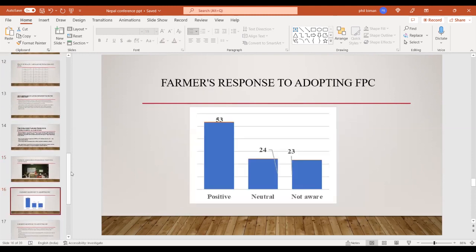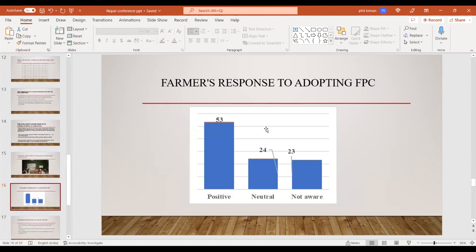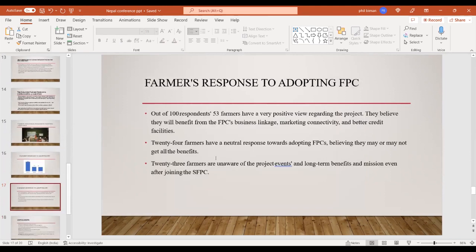And then we also did some survey regarding why these farmers are happy, or how they respond to all those farmer cooperatives. We took 100 respondents from the mentioned nine villages, especially from those areas of Lower Subansiri district. 53% of farmers have a very positive response regarding the cooperatives.